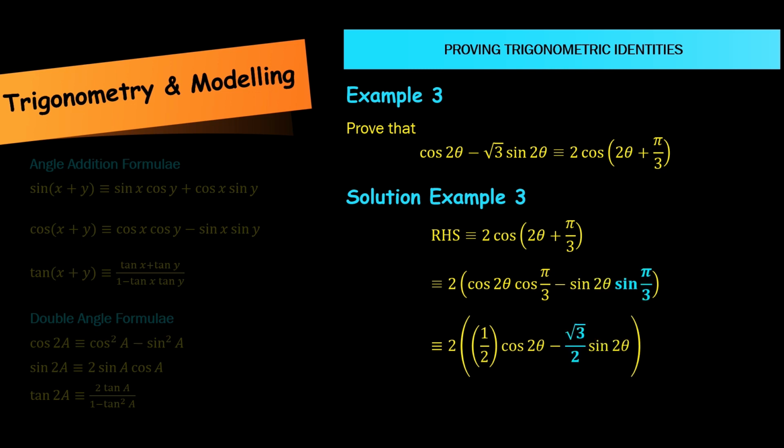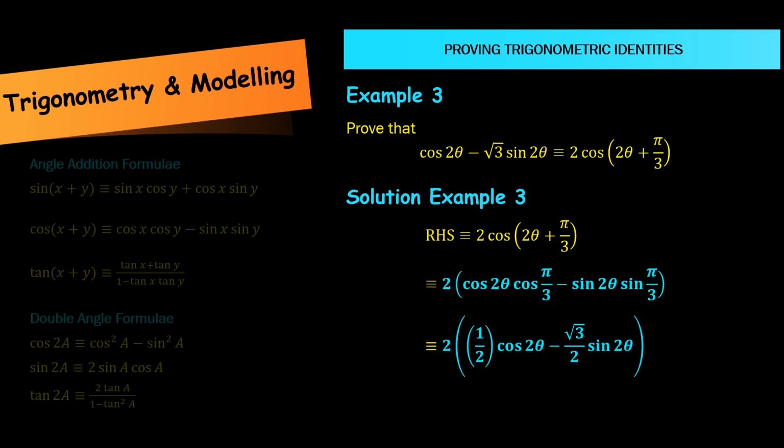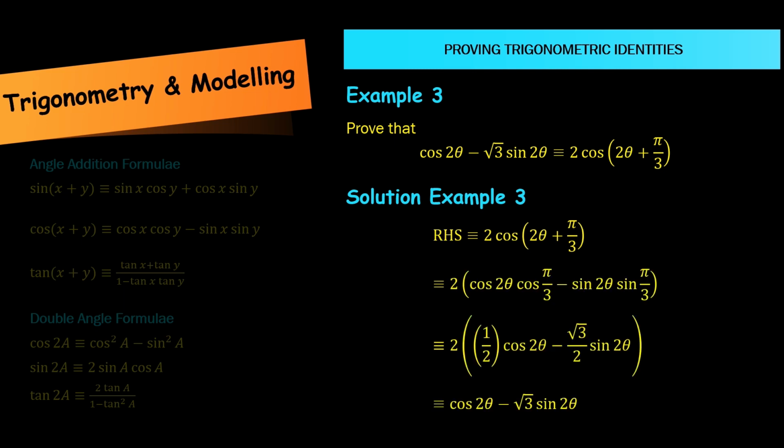And sin pi by 3 becomes root 3 over 2. Tidying up this expression gives us cos 2 theta minus root 3 sin 2 theta. And this is of course identical to the left-hand side of the equation we're trying to prove.